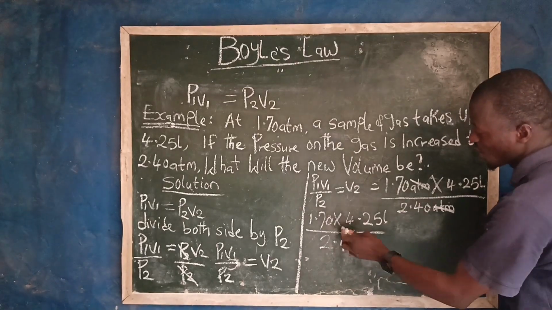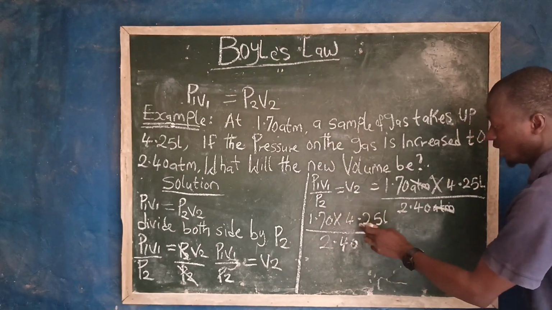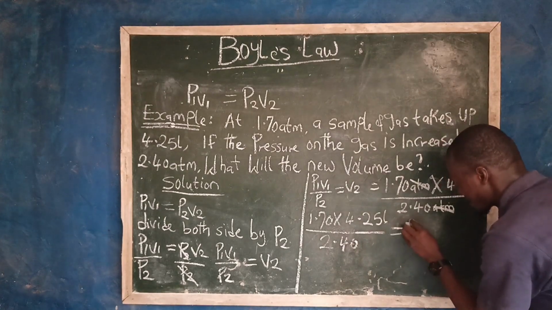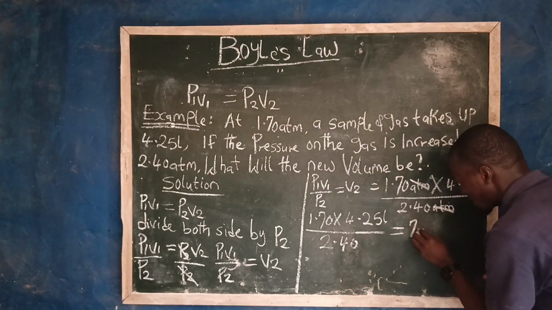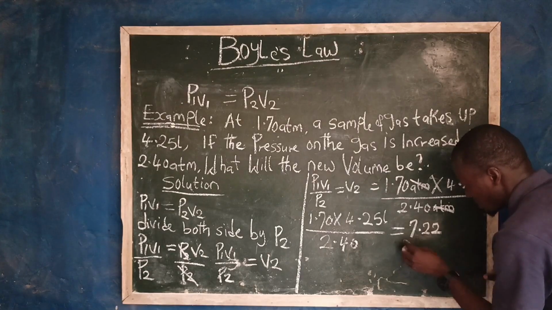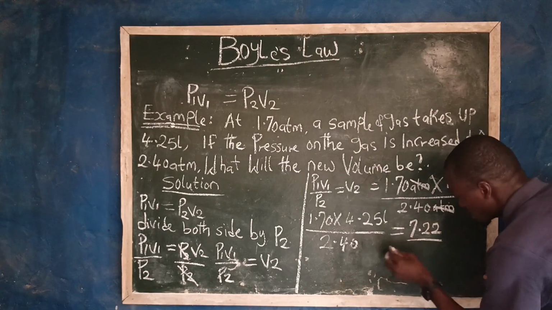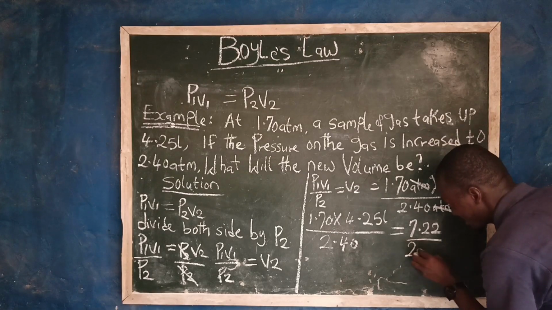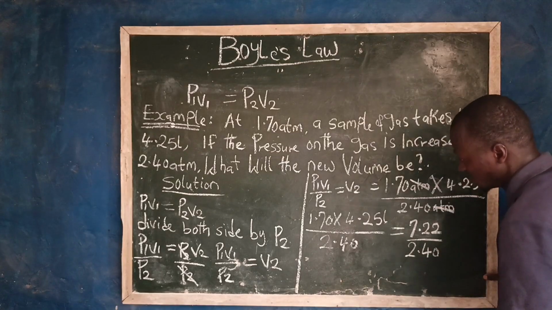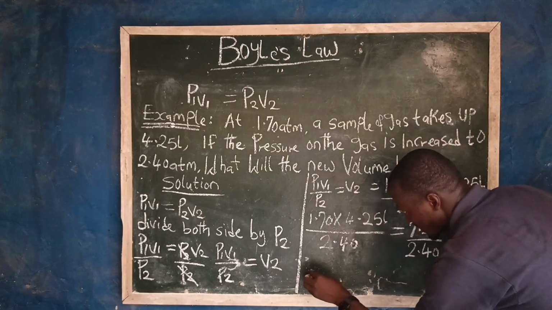Now we can say that 1.70 times 4.25 equals 7.22 divided by 2.40, which is equal to V2.